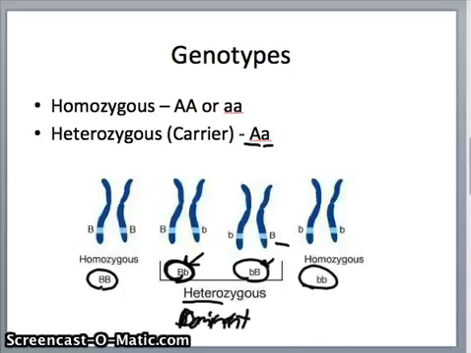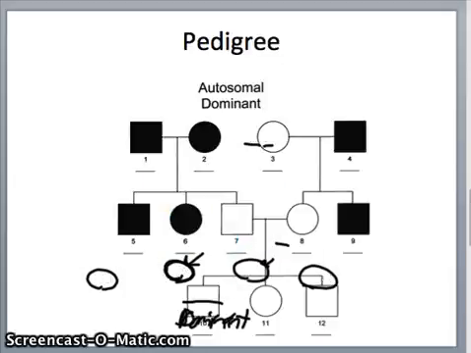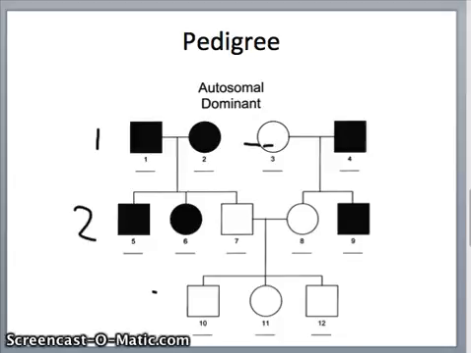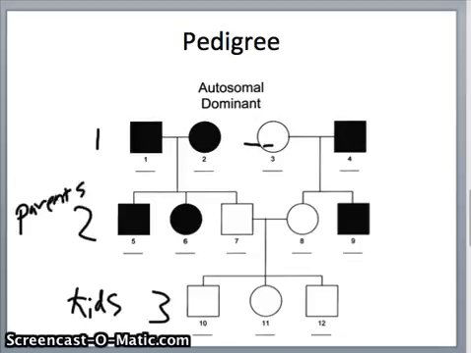All right, so now what does this mean for pedigrees? This is a dominant pedigree. First let's talk about what pedigrees are. These are each generation: generation 1, 2, 3. If these are the kids, like you guys, then these would be your parents in generation 2, and these would be your grandparents in generation 3.